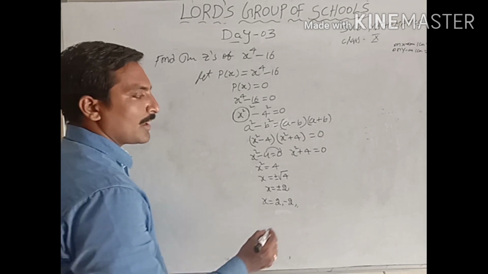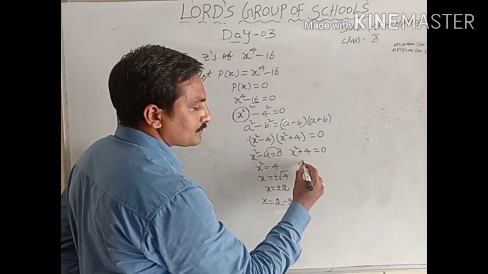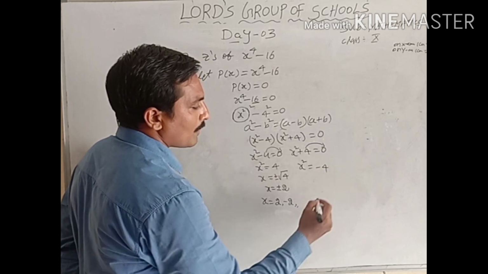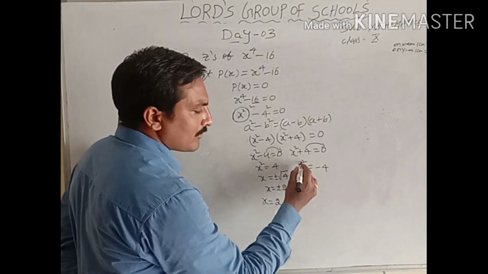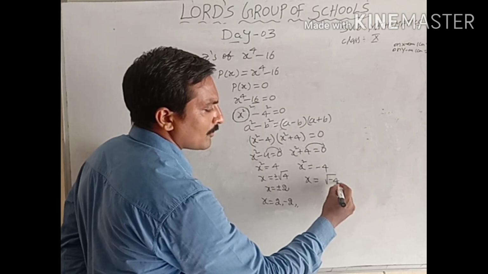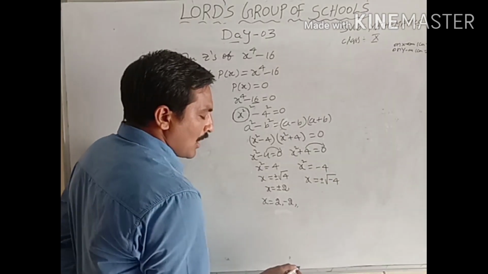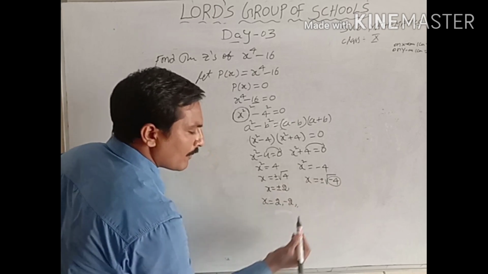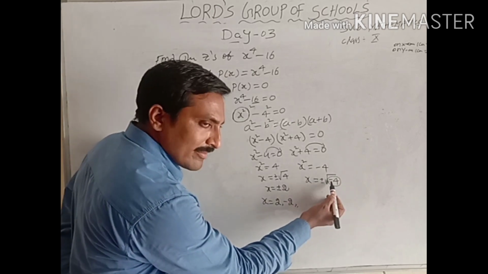Next, x square plus 4, when you transfer to this side, minus 4. x is equal to plus or minus root of minus 4. But the value under the root is negative.